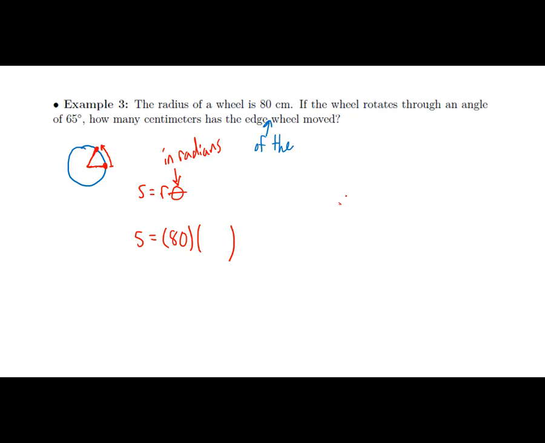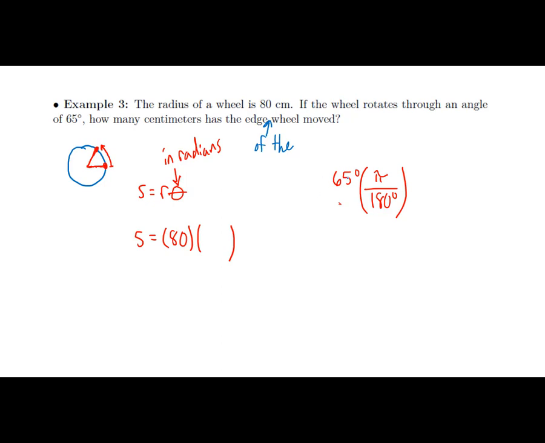So over on the side here, we'll take our 65 degrees, and we know how to convert from degrees to radians. We put pi on top and 180 degrees on bottom, so that way we can see those degrees canceling out with each other.